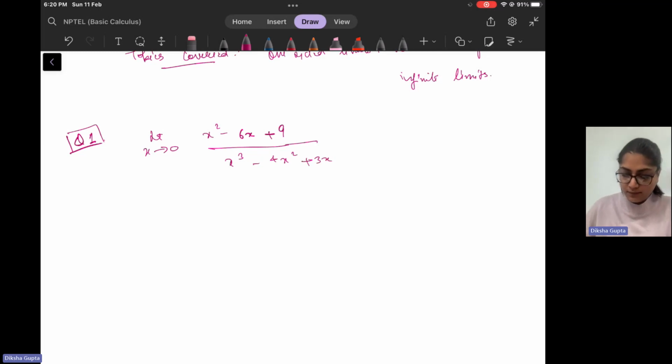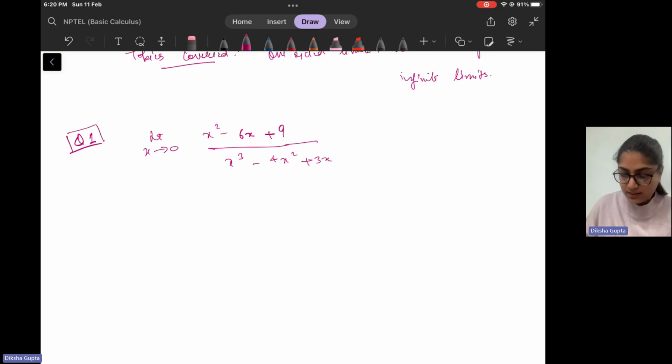Now we have to find the limit of this function at x equals 0, so the denominator is becoming 0 at x equals 0 and the numerator is some finite value at x equals 0. Had it been a 0 by 0 form or an infinity by infinity form, we would have tried to eliminate this x in the numerator and denominator, but it will not happen here.